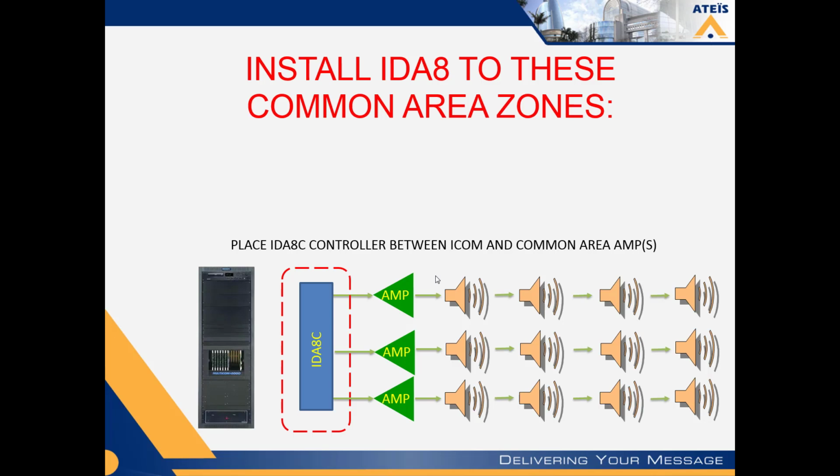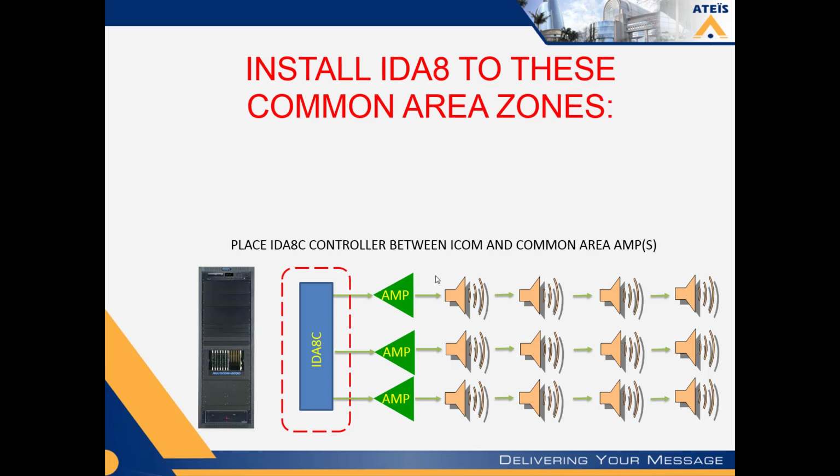But we have a way to do this without replacing your existing system and without rewiring all the speaker circuits and replacing all your speakers, and getting the full UL listing, excuse me, the full UL mass notification life safety listing that your local AHJ is going to require.